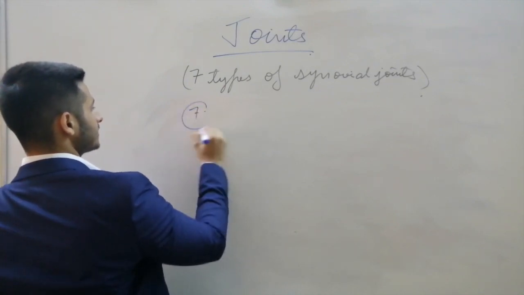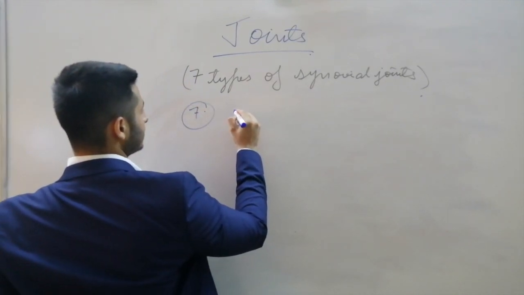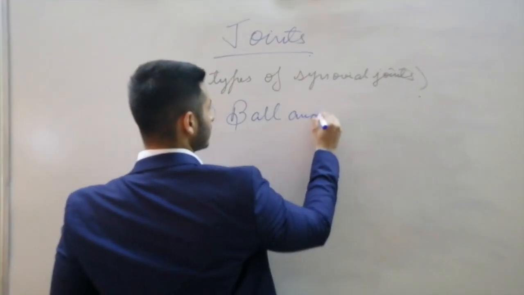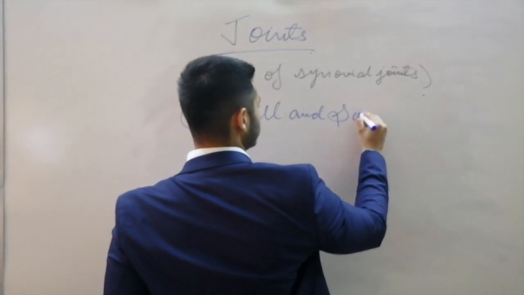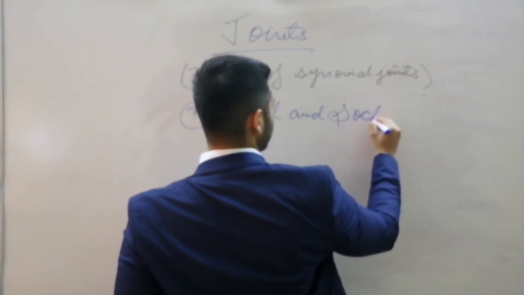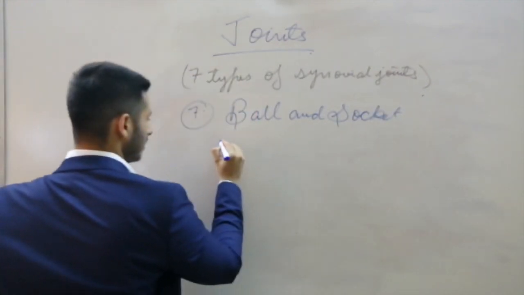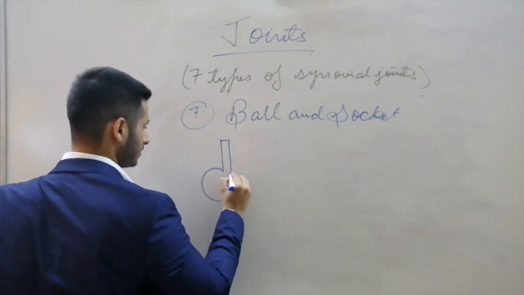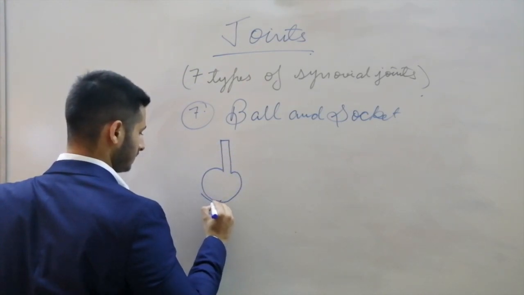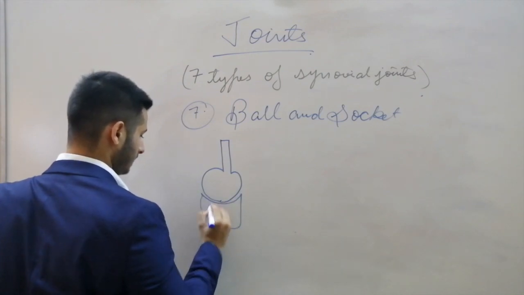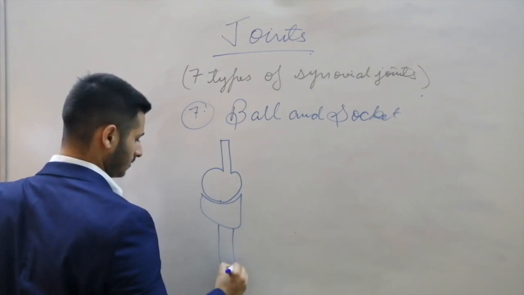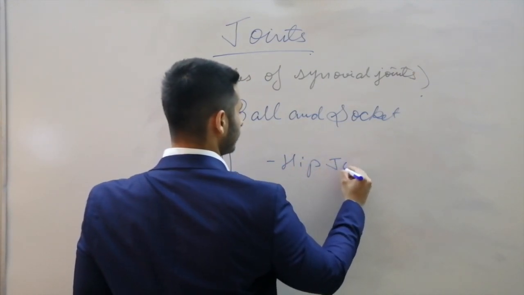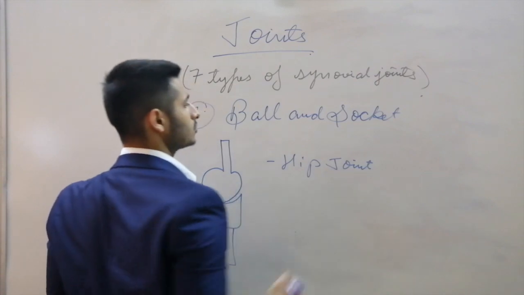We move on to the last type of joint, that is the ball and socket joint. A ball and socket joint permits movement in all directions. The hip joint is a perfect example of a ball and socket joint.